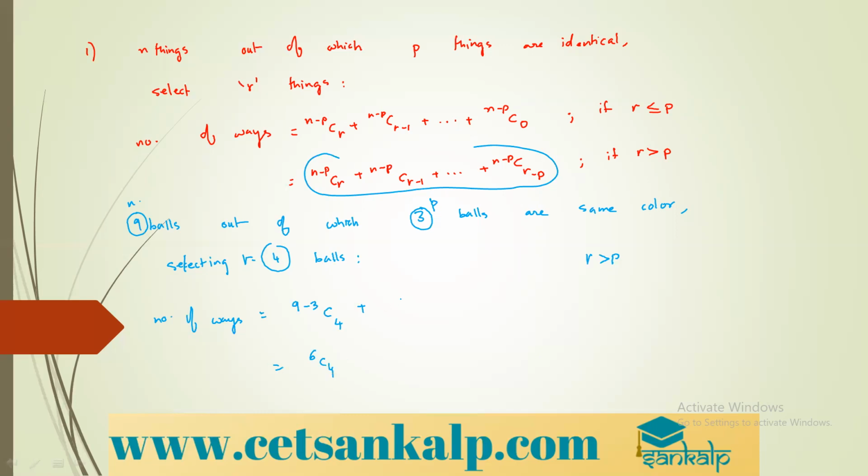Then next, n minus p will be the same throughout. Here, 1 less, 3, so here you will have 6C3. Then, until where will you go? The final one should be (n-p)C(r-p), 4 minus 3, that means the last one should be 6C1.